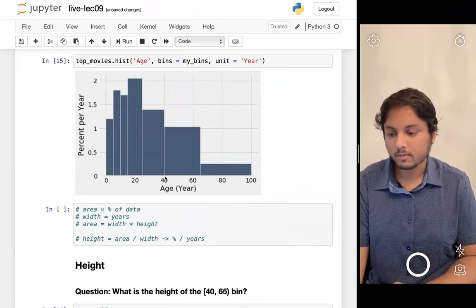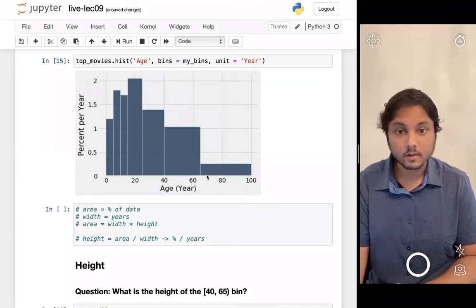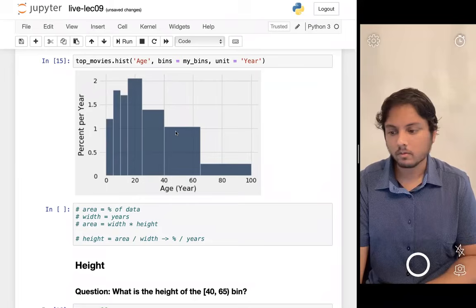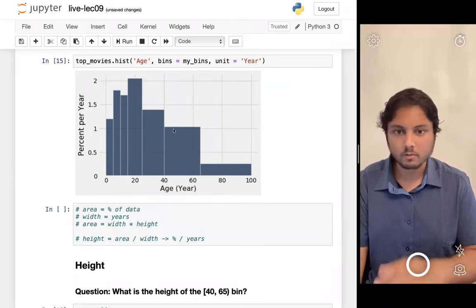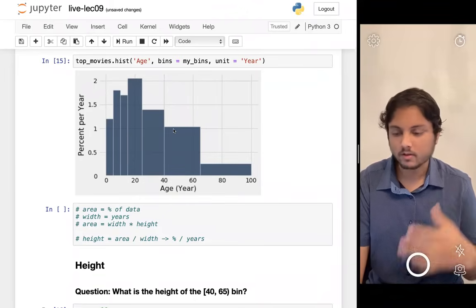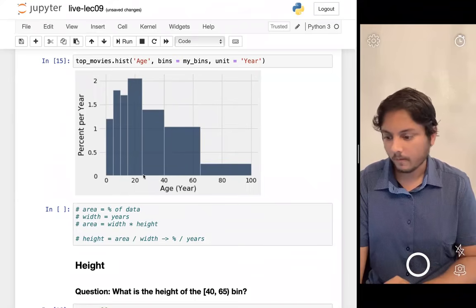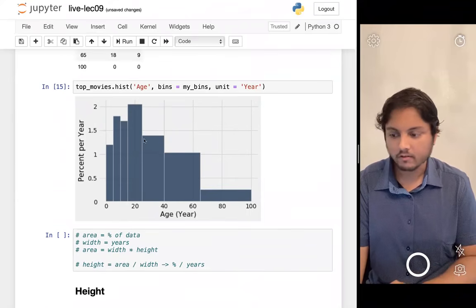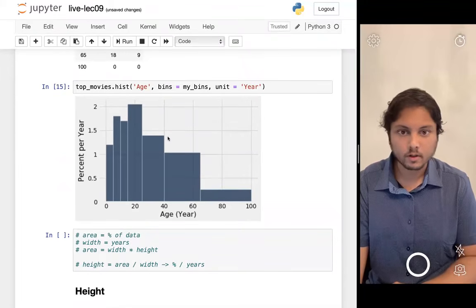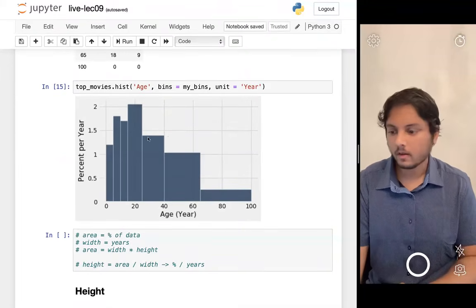From 40 to 65 years ago, in our data set, the amount of data we're seeing there is 1.04% per year. Whereas during this time period, which is 25 to 45, there were a lot more movies per year, at least in our data set.